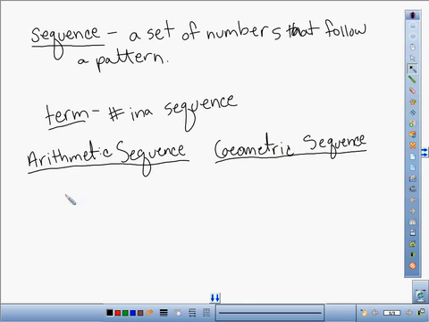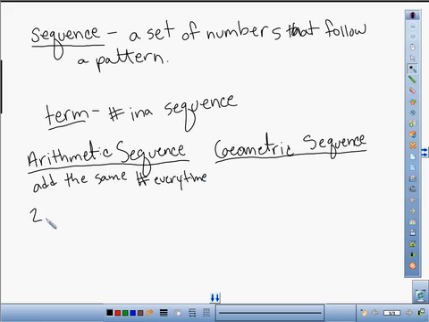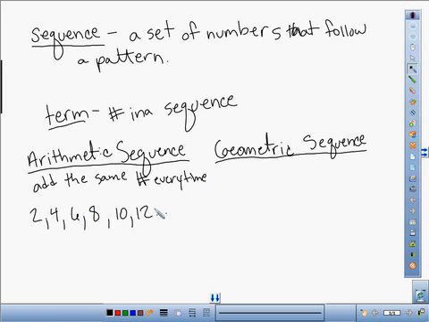An arithmetic sequence is if a number pattern is based on adding the same number every time. All right, so if it was something like 2, 4, 6, 8, 10, 12, etc. If this is our sequence, we would say this is an arithmetic sequence, because notice each time the only difference between the numbers is that we have added 2 to the number in front of it.